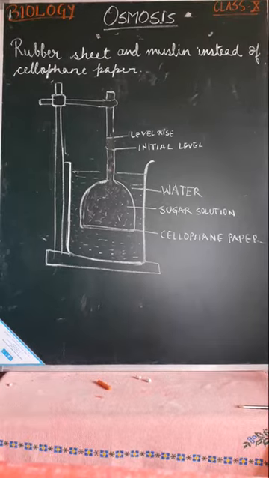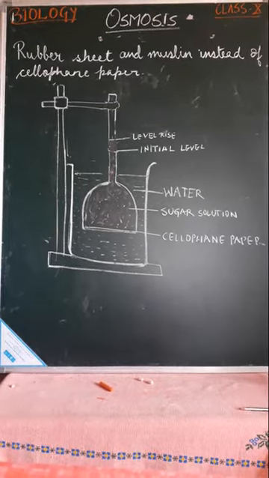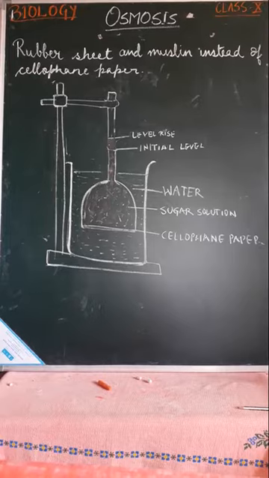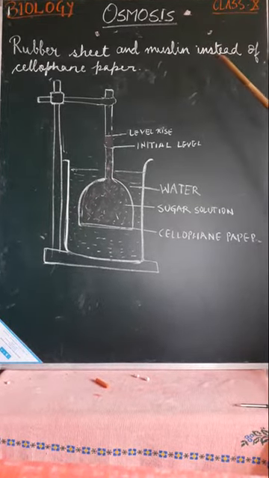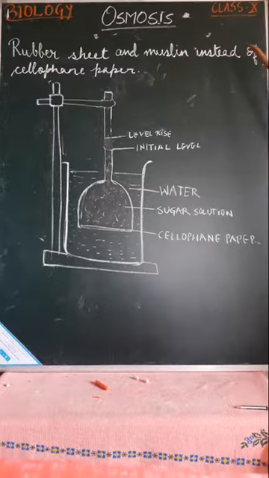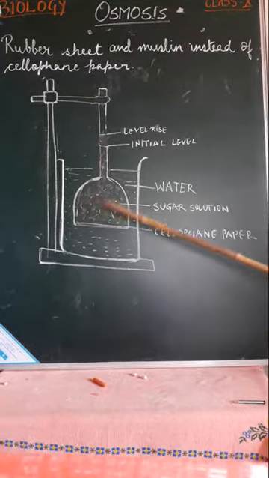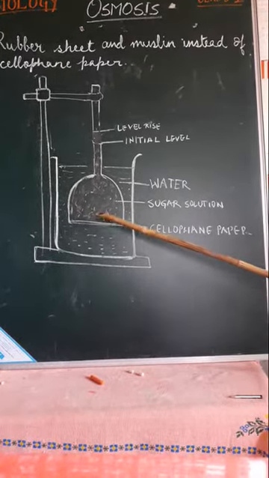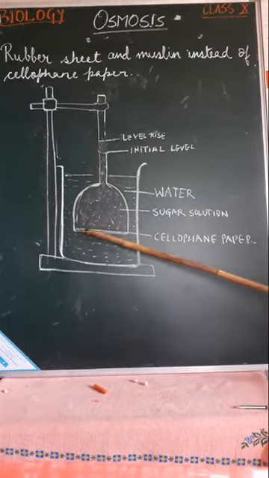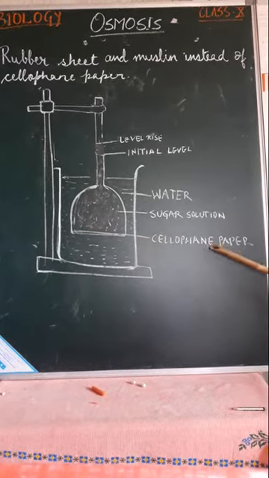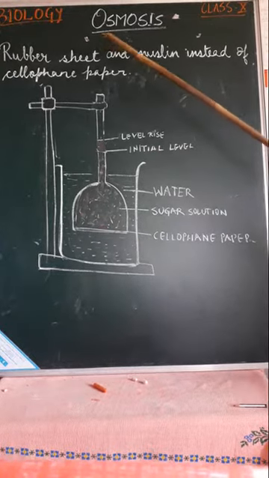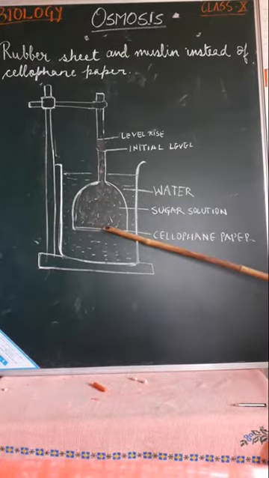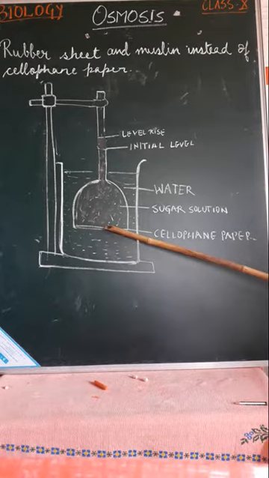So today I am going to tell you about the rubber sheet and muslin cloth instead of cellophane paper. In the same experiment, here it is shown the cellophane paper. In this place a rubber sheet is tied, and that acts as a barrier.